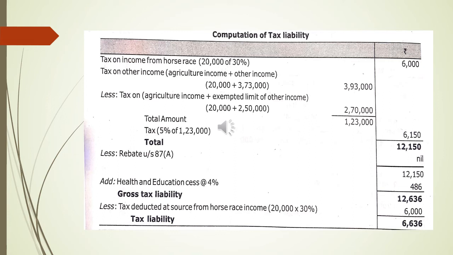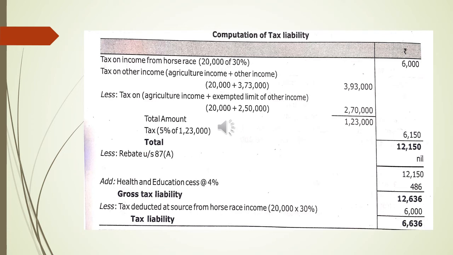Ceiling limit is up to 2,50,000. There is no tax for individuals. So that is called ceiling limit or exempted limit. So 2,50,000 plus 20,000, 2,70,000. The difference between the two is 1,23,000.